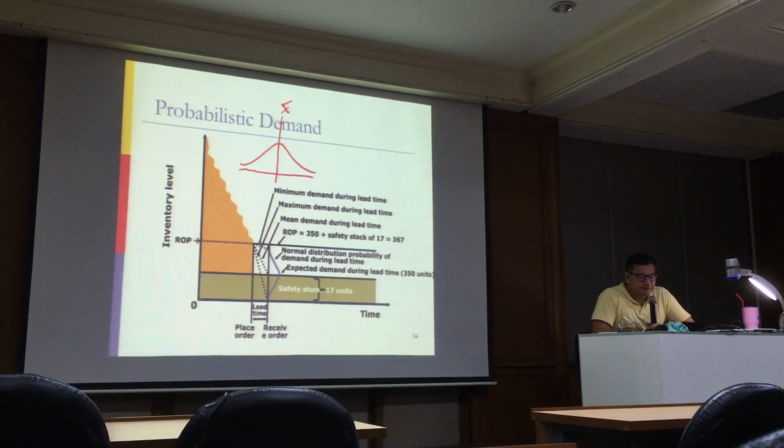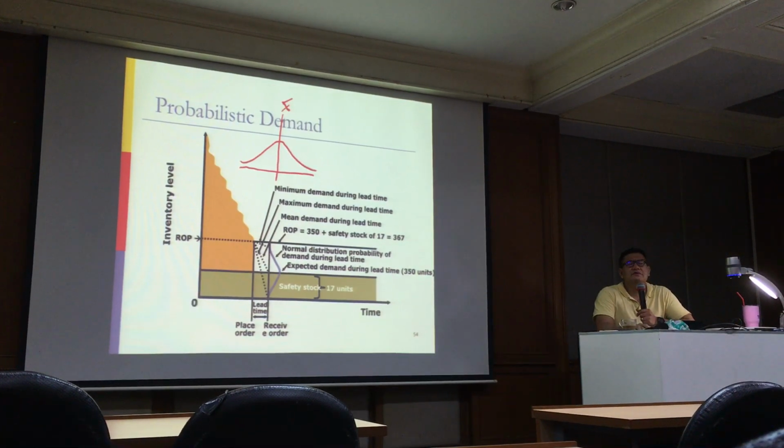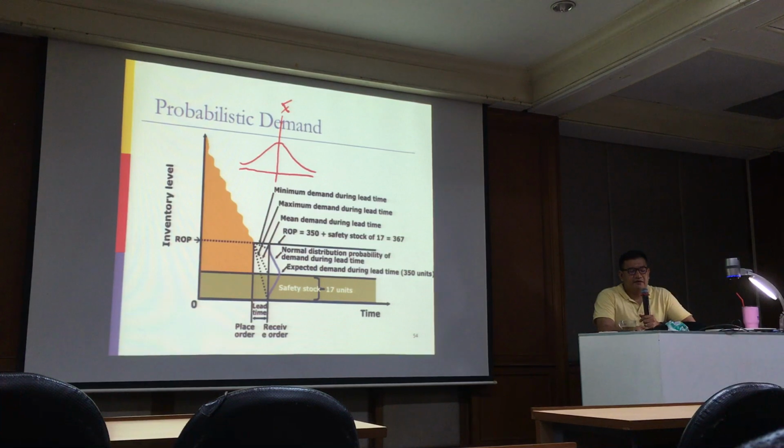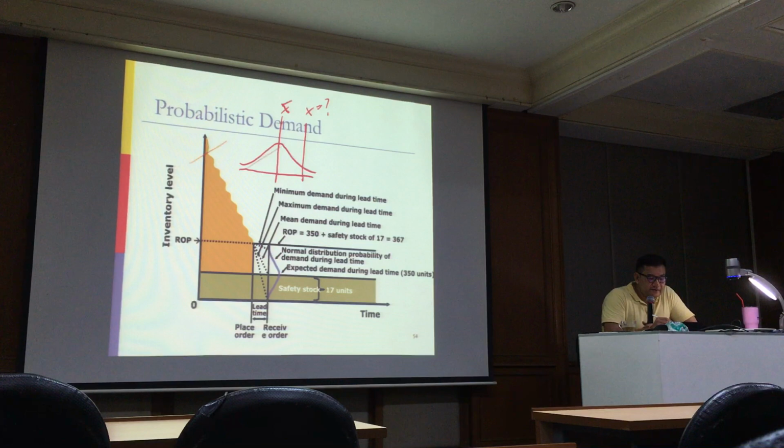But since we want a service level of, let's say, 95%, it means that we want the area under the curve to be 0.95.